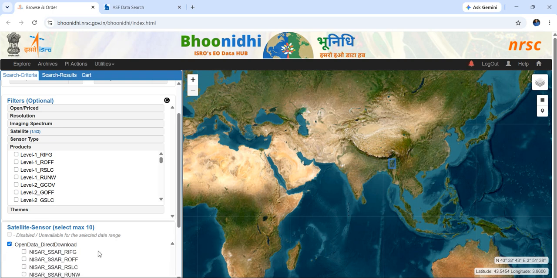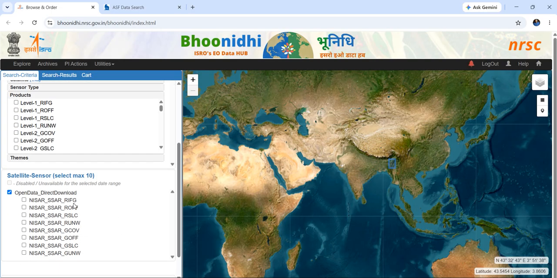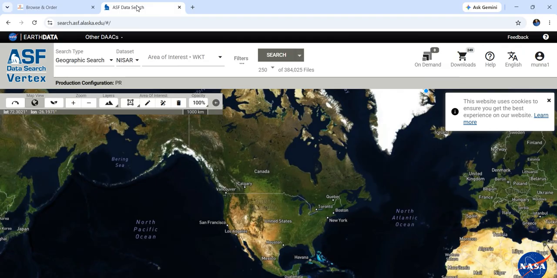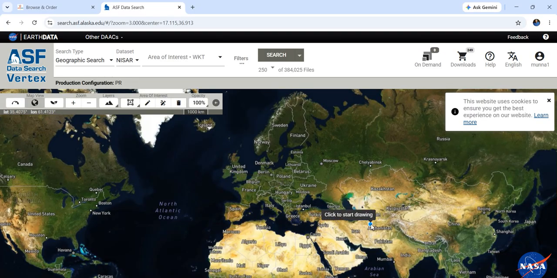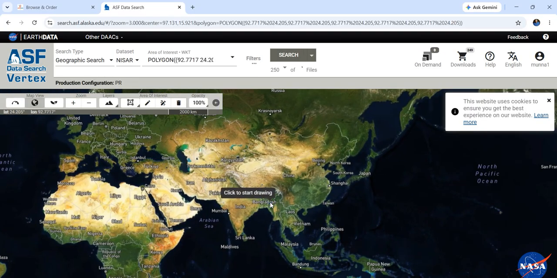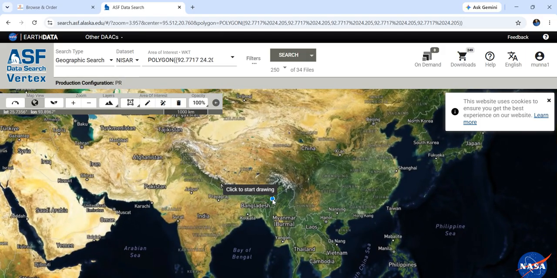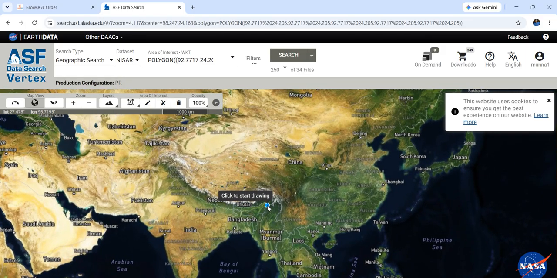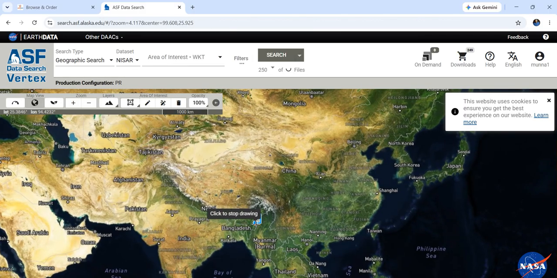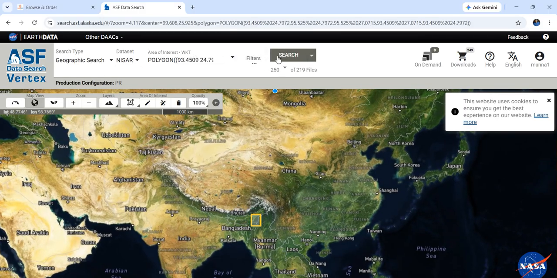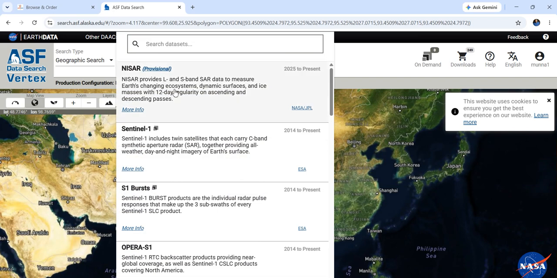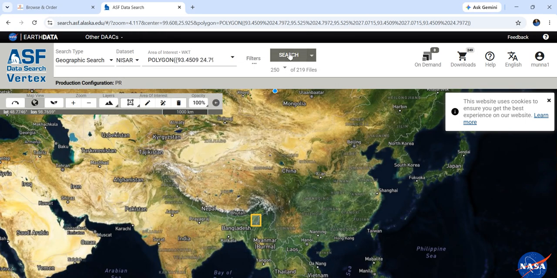You can go to the open data, and then you can see all these RIFG, ROFF, RSLC, and all those things. But when you go to this ASF Datasearch, and select the same particular area, the northeastern part again, and give a date, see I've selected the NISAR here, and then I went for the search.